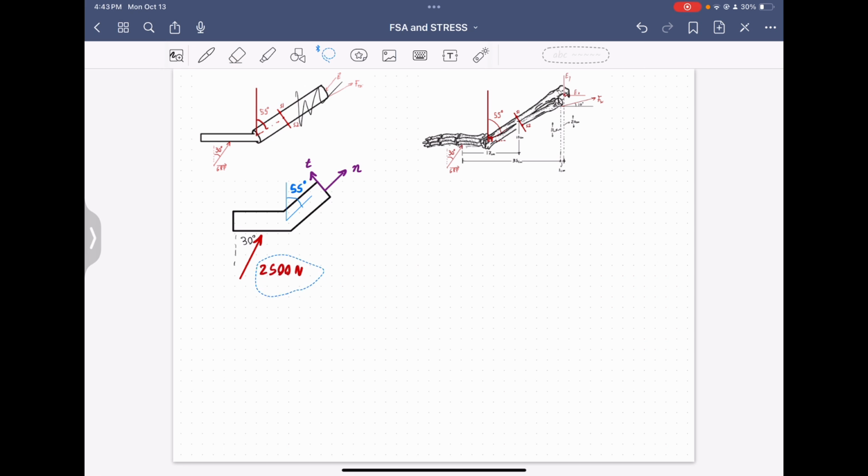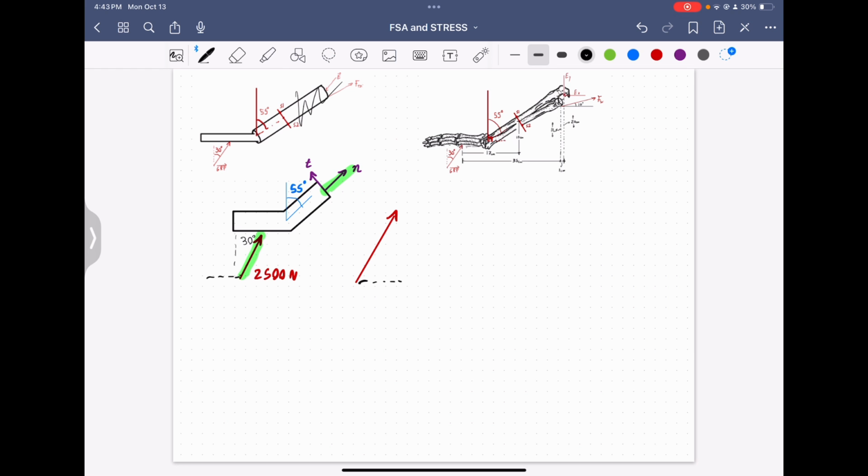Yes. So we want to find this force in the direction of NT. Just like we can break this into X and Y, I'll draw it bigger here. We have this force.